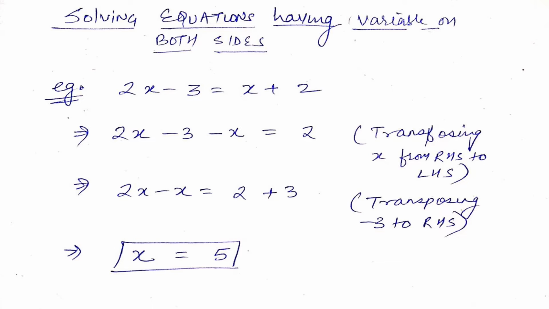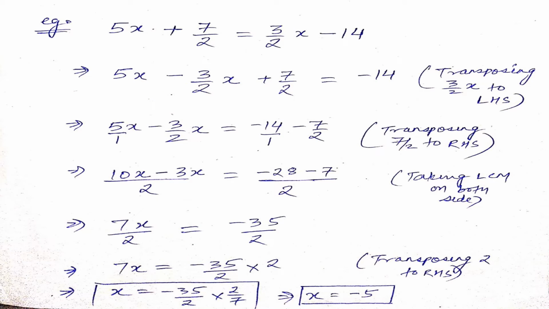Let's see some more examples of this concept. Suppose this one, 5x plus 7 by 2 is equal to 3 by 2x minus 14. Again, if you notice 5x and 3 by 2x are like terms, and this 7 by 2 and minus 14 are like terms.